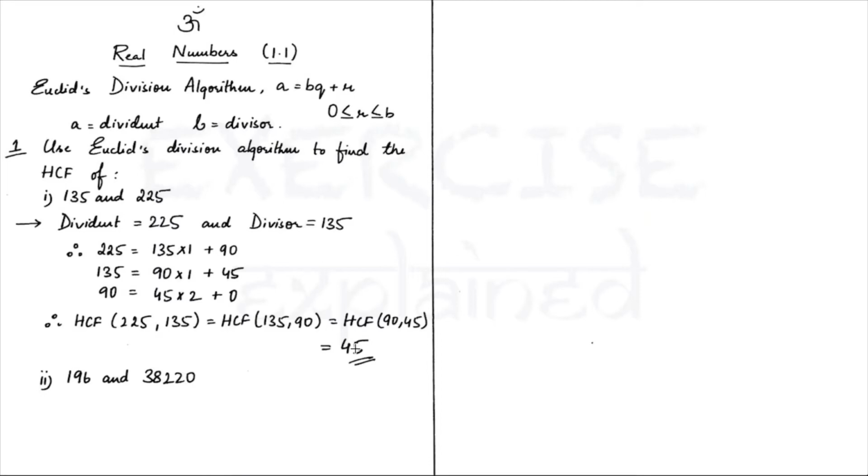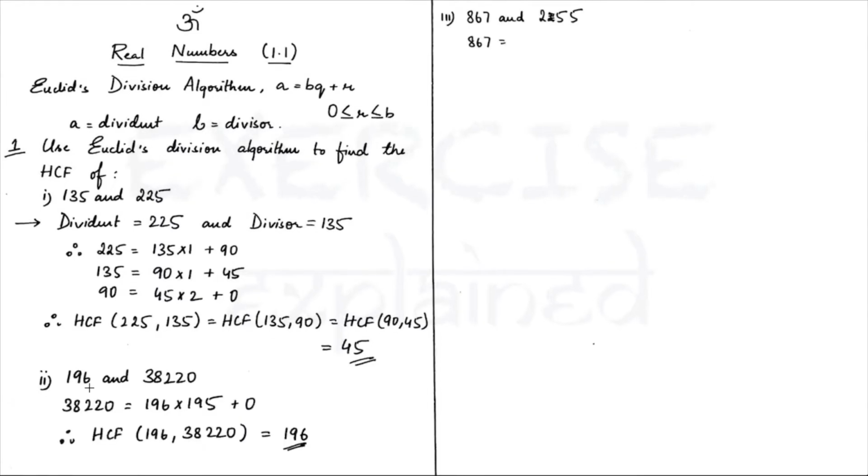Coming to the next one, that is 196 and 38220. In this, 38220 is clearly divisible by 196. So if we divide 38220 by 196, we get 195. So we can write 38220 is equal to, that is dividend is equal to divisor, that is 196, into quotient.